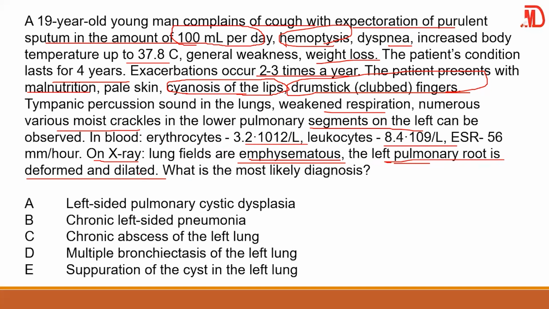What are we looking out for? So now the clue here to help us is the fact that we're having a deformed and dilated left pulmonary root, which makes bronchiectasis the likely diagnosis. Bronchiectasis. And this is just a disease where there's a permanent enlargement of part of the airways of the lungs.